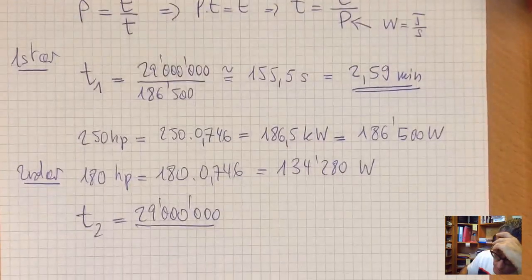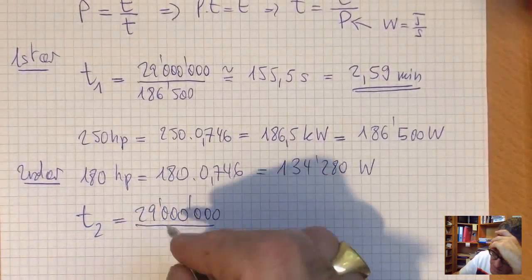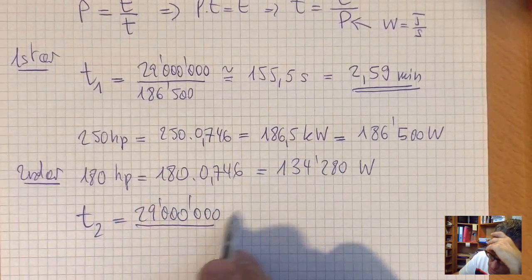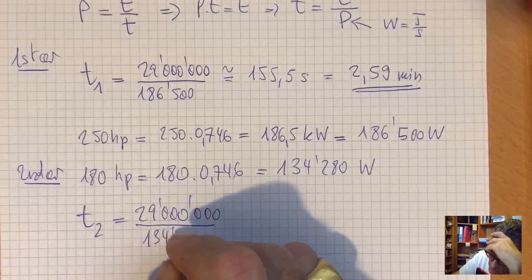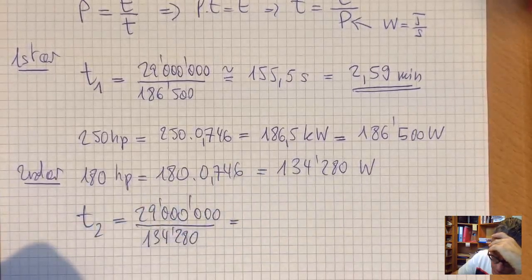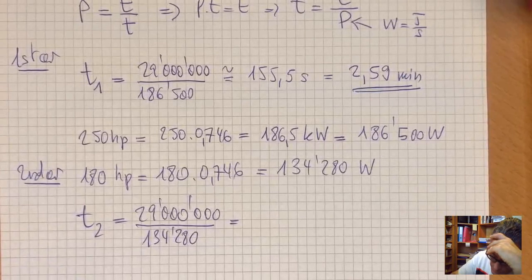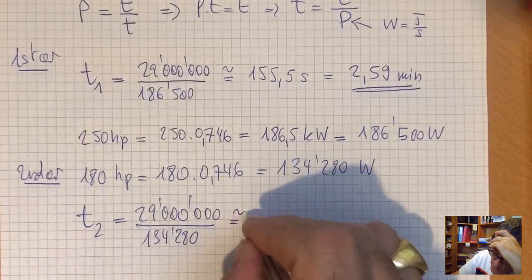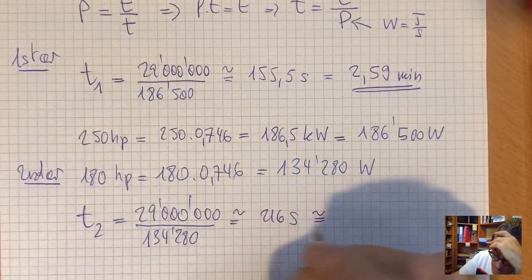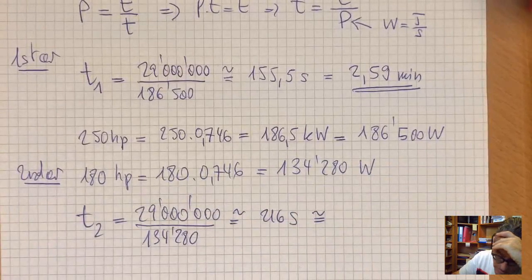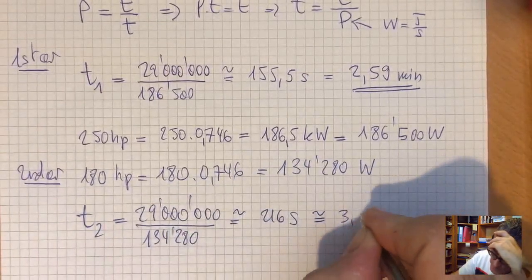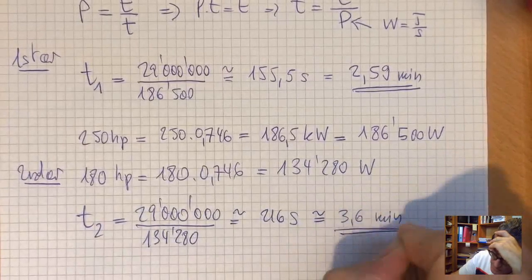Otherwise we would also need to look at the effect of the mass. 29 million joules divided by 134,280, and of course this is going to give us a longer time, approximately 216 seconds, which is about 3.6 minutes.